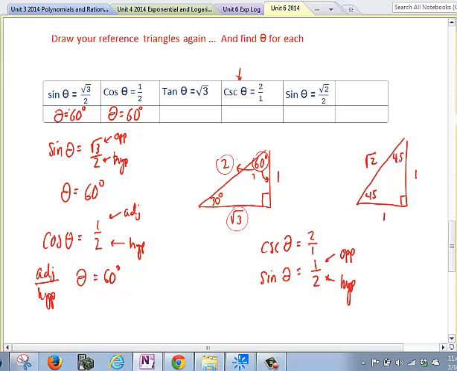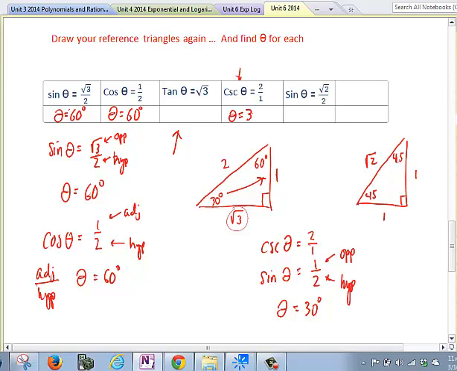So in this case, 1 being the opposite, 1 is opposite the 30. Let me clean up this picture for a moment. So we'll just draw the triangle back in, and 1 is opposite the 30, 2 is the hypotenuse, so theta must equal 30 degrees.